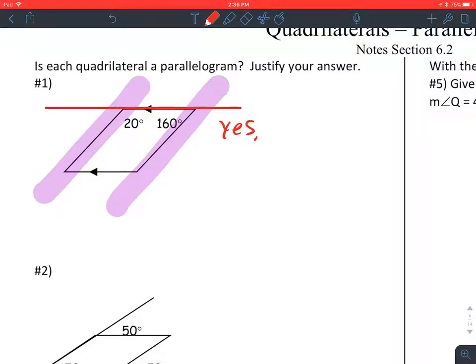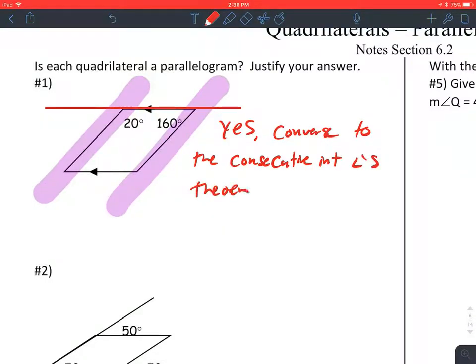The reason we know that, if we've got two lines and a transversal, is the converse to the consecutive interior angles theorem. I'm going to give these lines the names L and N. It makes them parallel.